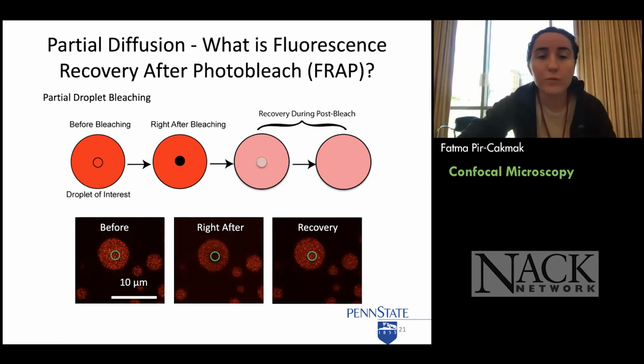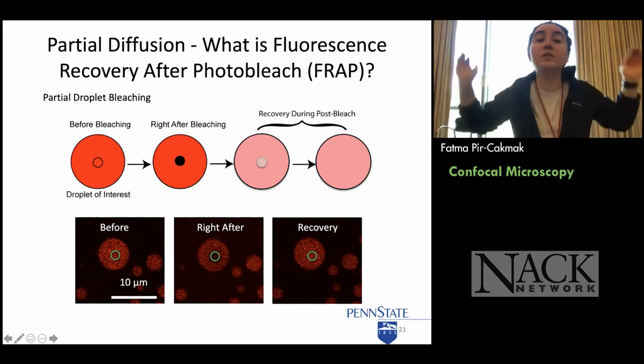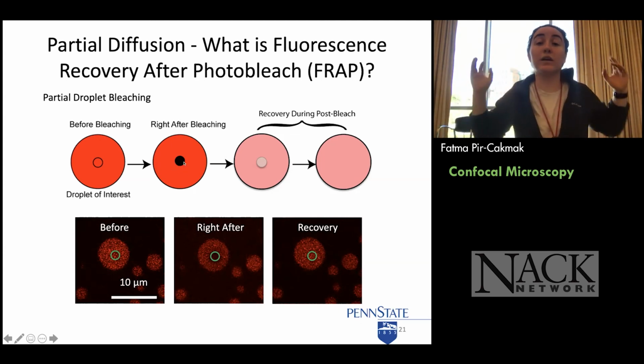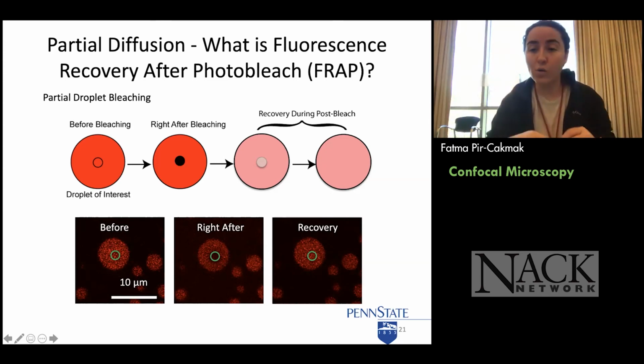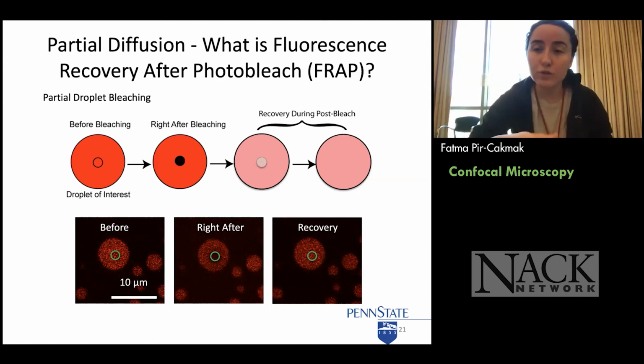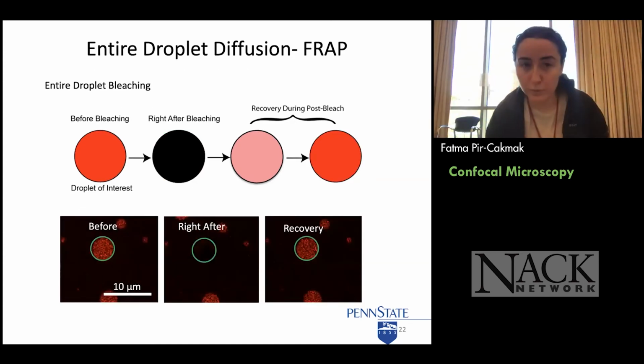The recovery in this region comes from outside, as you can see with my cursor, where the other labeled molecules are coming in. This lets you know how fast these biomolecules are coming in, and you can get the diffusion from this information.